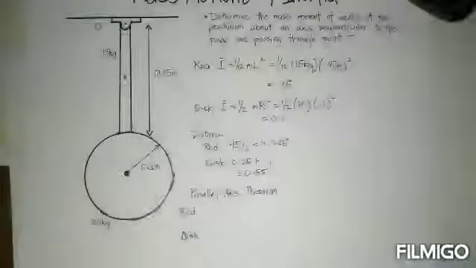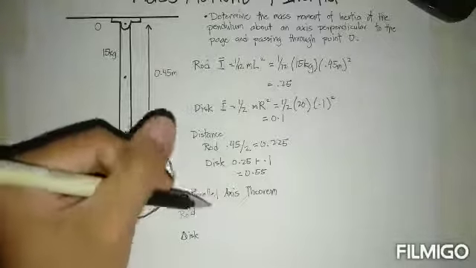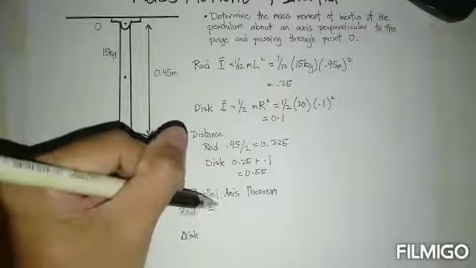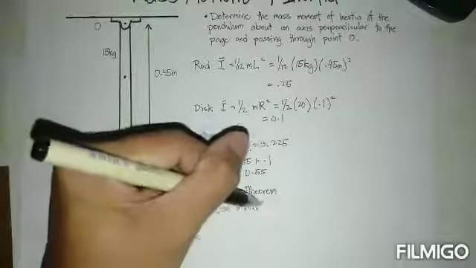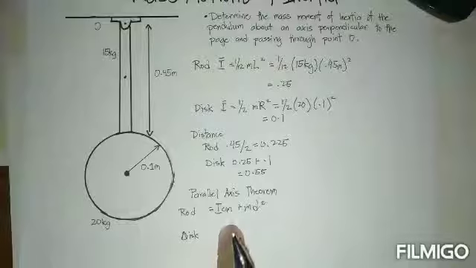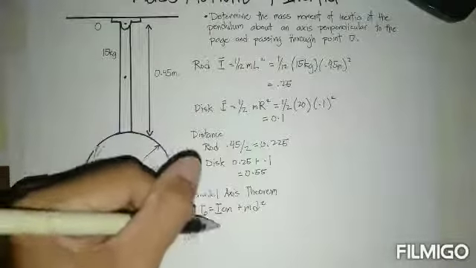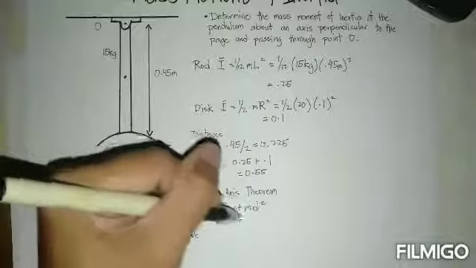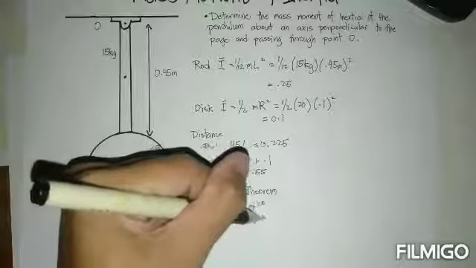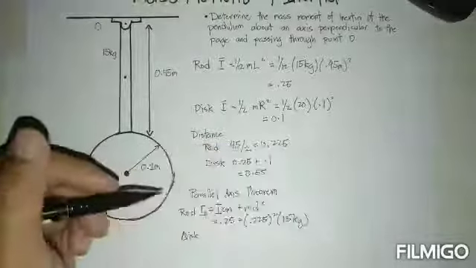Now let's calculate the parallel axis theorem of the rod and disc to get the mass moment of inertia of the pendulum. The formula is I equals I sub cm plus m d squared. That is our formula for the parallel axis theorem. So for the rod, 0.25 plus 0.225 squared times 15 kilograms.